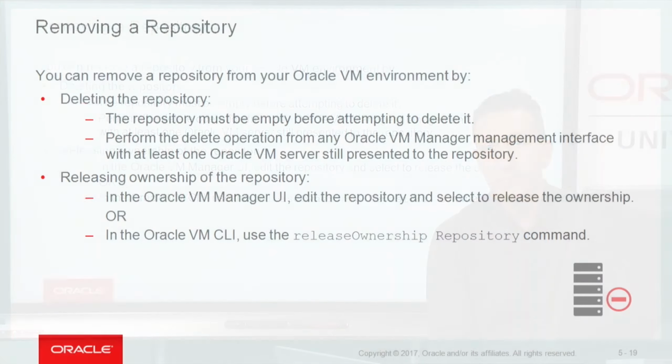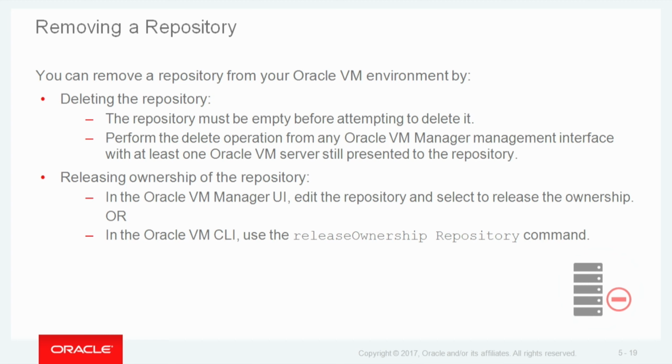You can do this, for example, by deleting the repository or releasing the ownership of the repository. The repository must be empty before attempting to delete it. So you need to find a way to extract the contents and remove them, and you perform the delete operation from any Oracle VM management interface with at least one Oracle VM server still present to the repository.